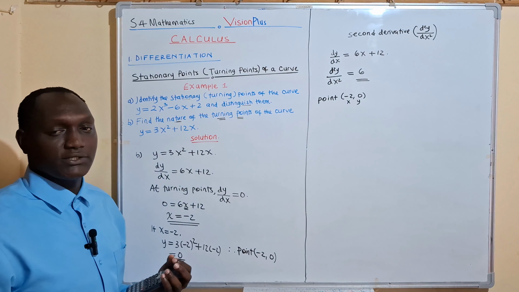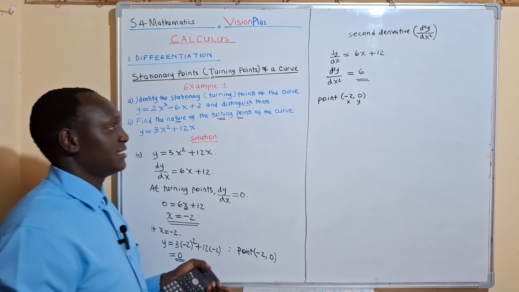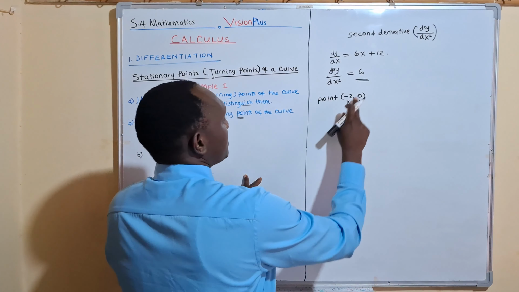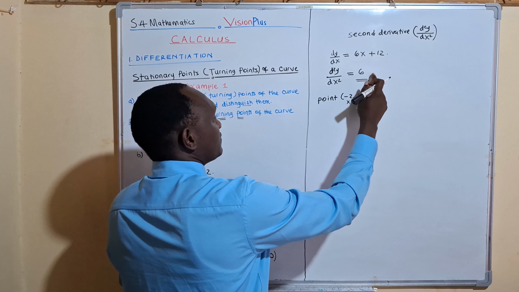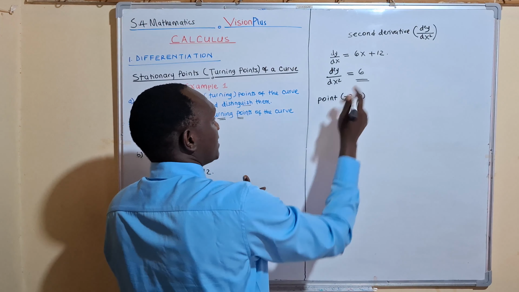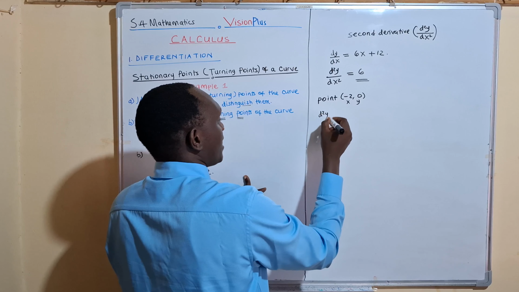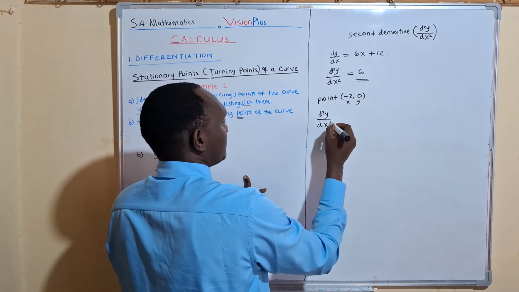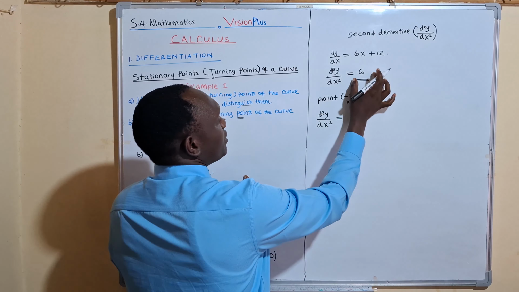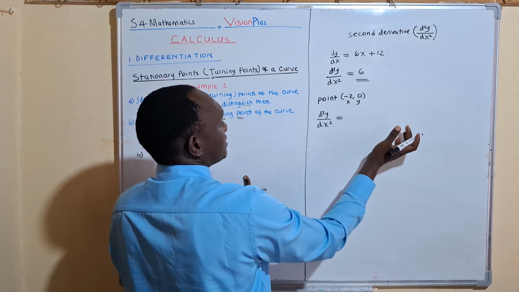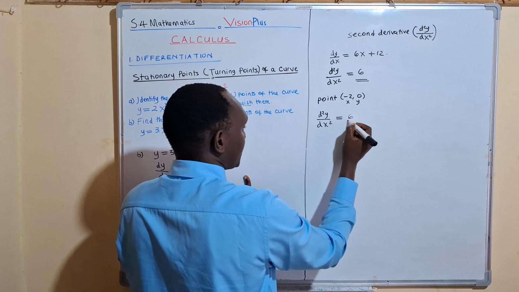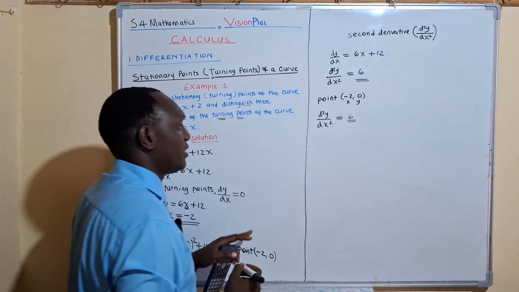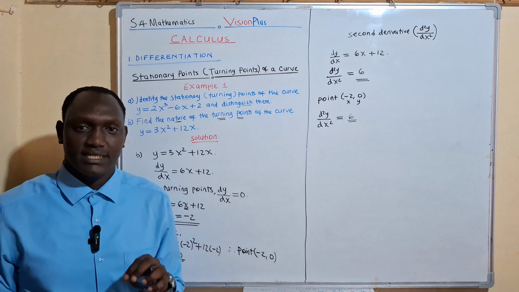That means it doesn't matter what the value of x is. It will always be 6. Therefore, d squared y over dx squared equals 6, since we don't have anywhere to substitute for x. Okay? Now, the second derivative is 6.